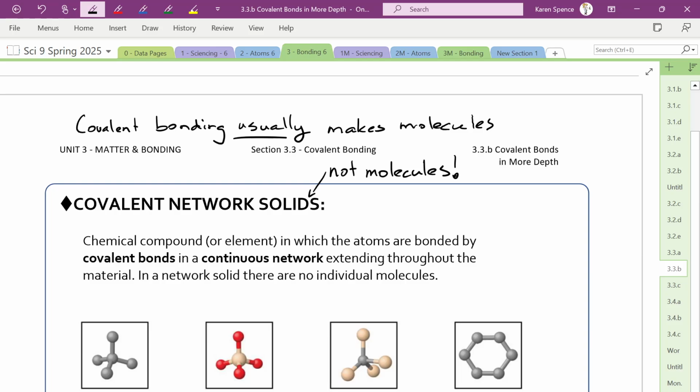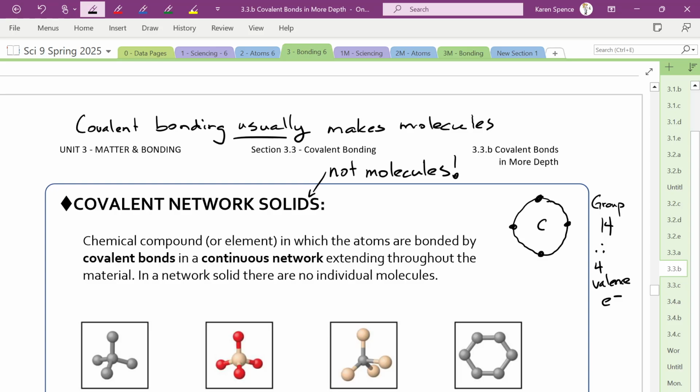But every once in a while, especially when you have something like carbon involved, because if we remember carbon, how many valence electrons does carbon have? It is in group 14. It has 4 valence electrons. Okay, so it looks like this. 1, 2, 3, 4.